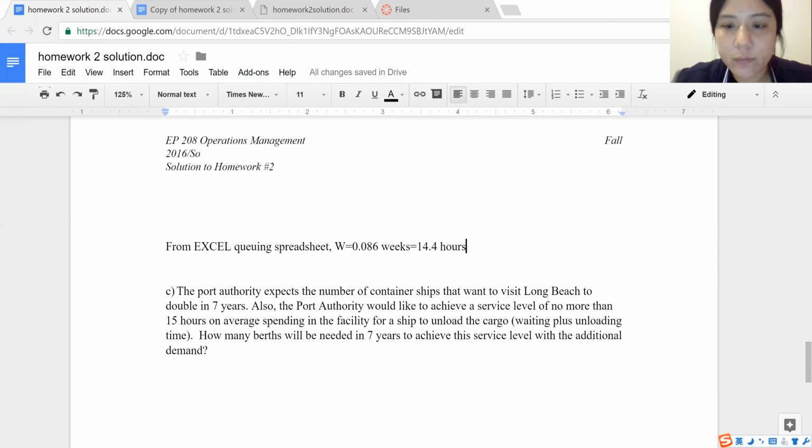Let's look at the Excel sheet. Since the number of ships doubles, the arrival rate will be 2 times the previous one, which is 70, so 140 ships per week.